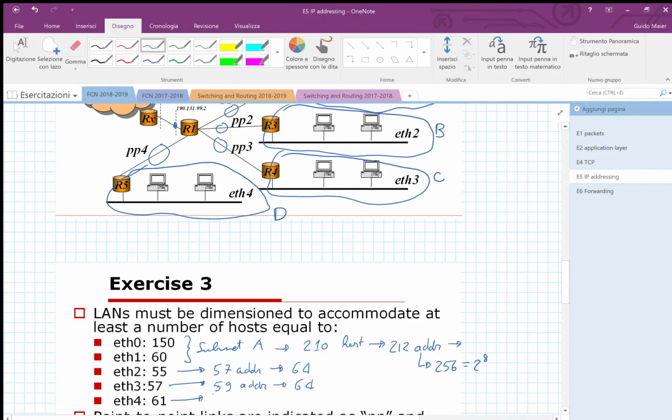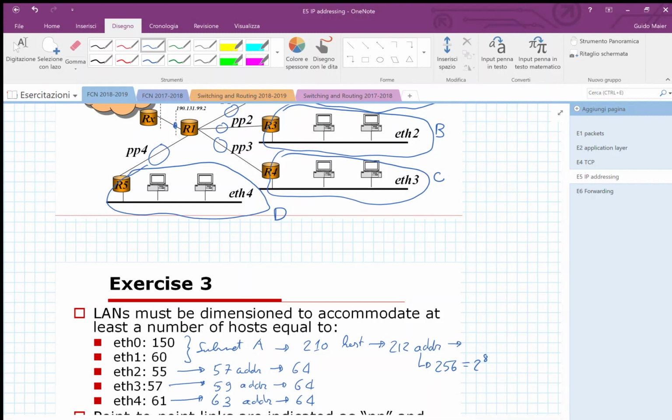And also the same in the last case. Remember always to count the two addresses that are forbidden.